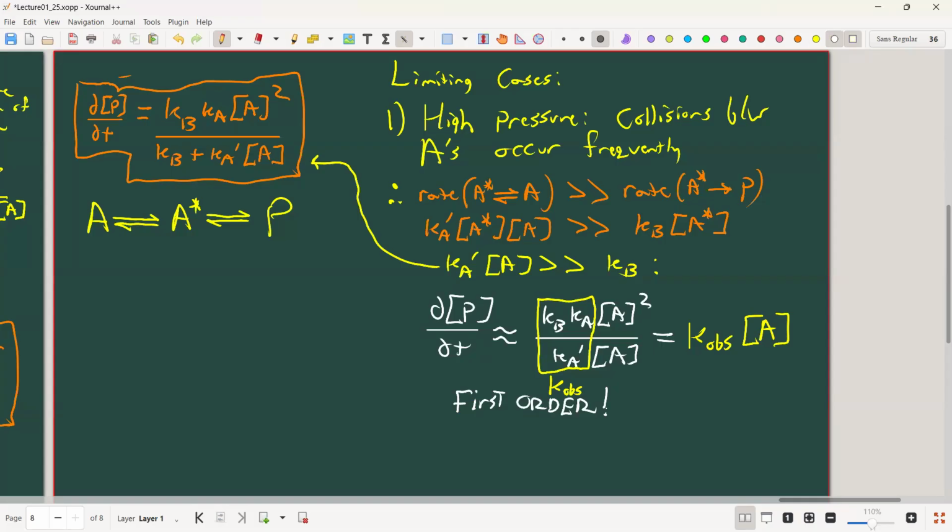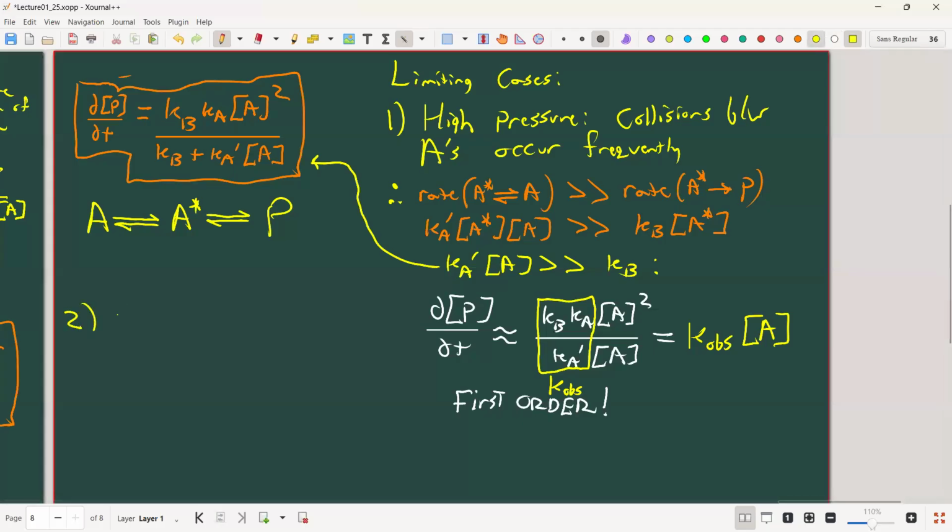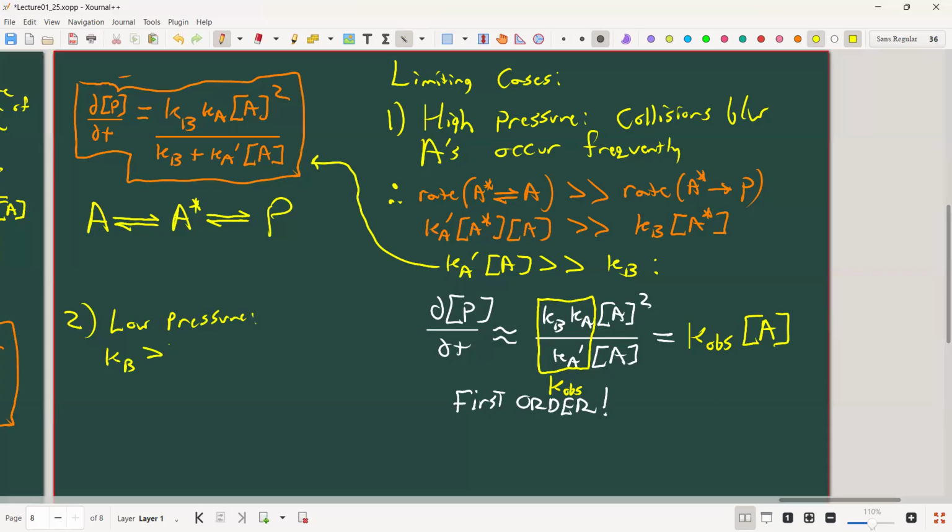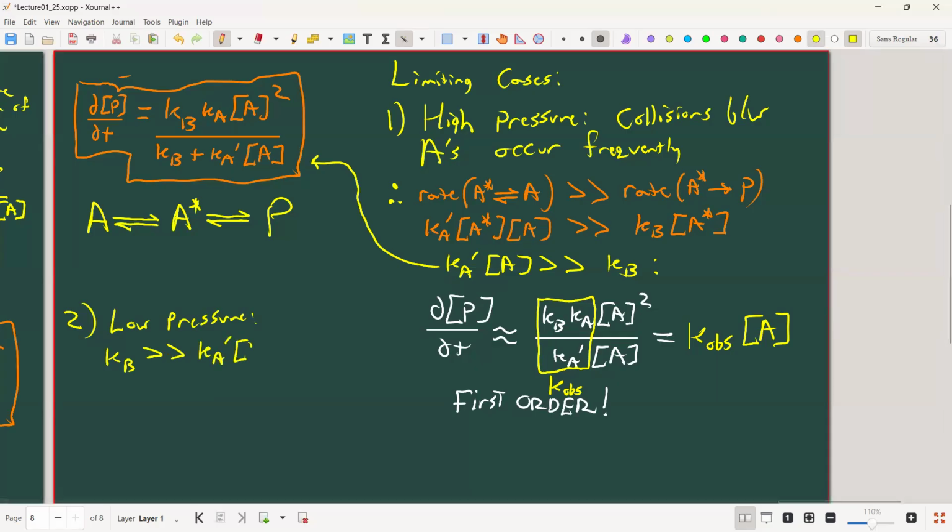Let's consider the opposite. Low pressure. It's the opposite case. Here, Kb is much faster than Ka prime times the concentration of A, which basically means no collisions or rare collisions.